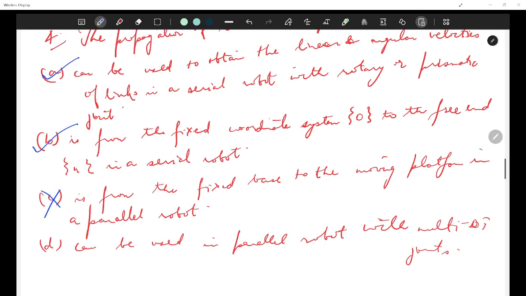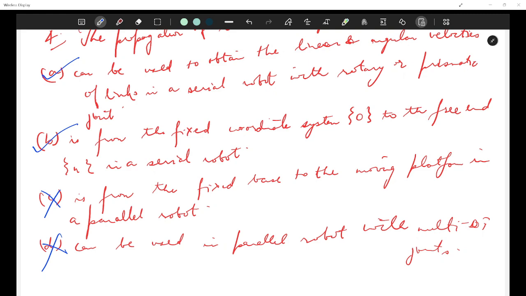And option 4 is it can be used in parallel robot with multi-degree of freedom joints. It's incorrect because parallel robots have multiple branches, closed kinematic loops, and passive joints. Velocity propagation assumes an open chain and a unique predecessor, which means one link should be attached to only one link before it. So you cannot propagate directly because velocities must satisfy the loop constraints. Velocity propagation relies on an open kinematic chain, a unique parent link, and no loop constraints.